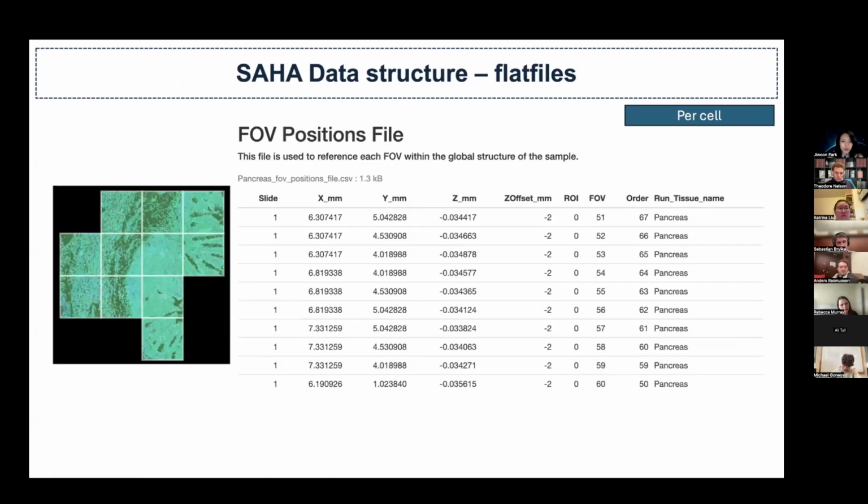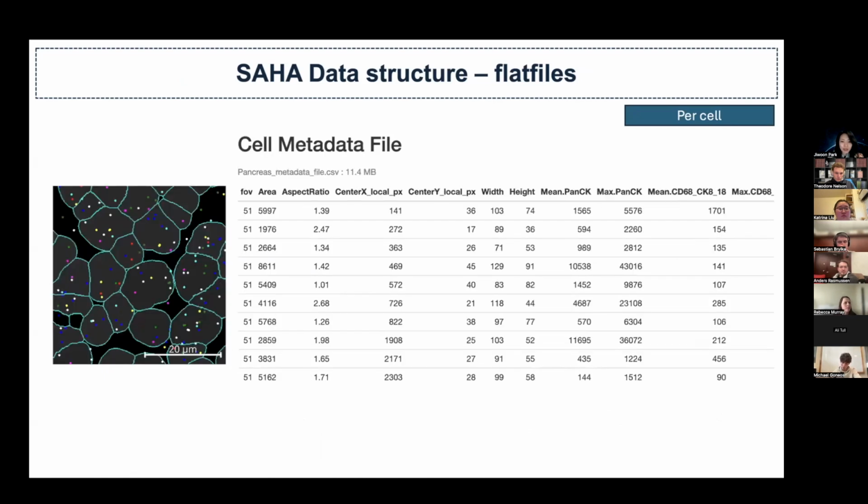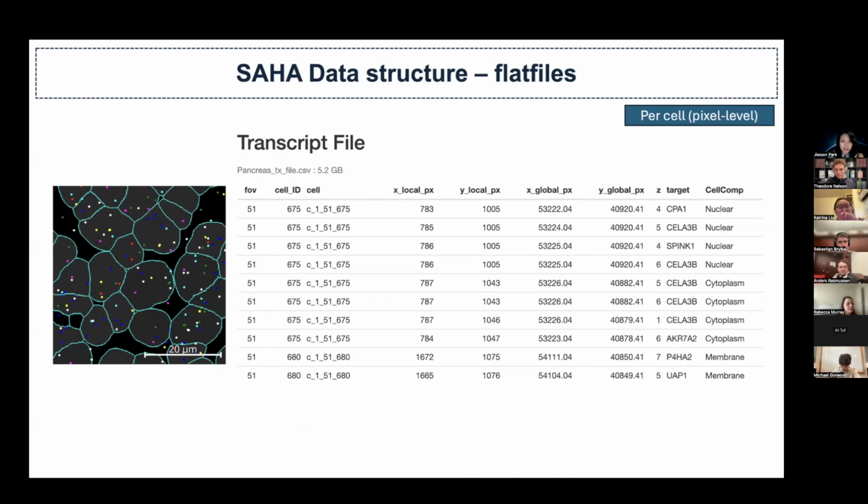There is an FOV positions file with the XY in space where these fields of view or cells exist, and a cell metadata file, just like how single cell analysis works. You can understand the intensity, width, and height of the cells as metadata or features of the cells that would be relevant. Lastly, the transcript file gives the literal XY locations of each individual transcript.